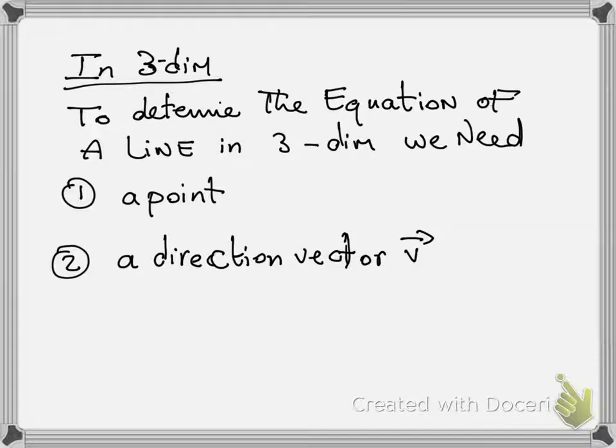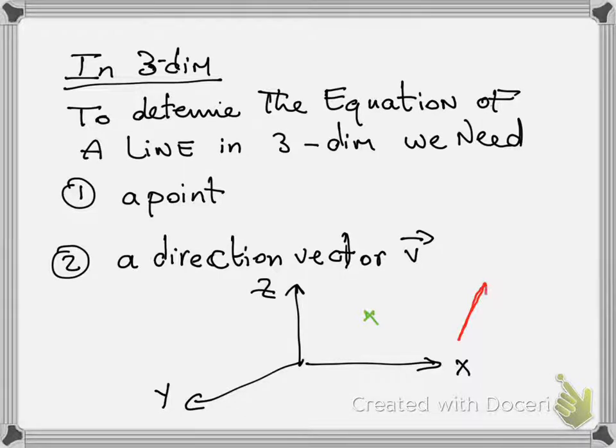So we are in three-dimensional space, so here's x, this is the height z, here's y. If you have a point, let's say here's the point, and you know that the line passing through this point has direction vector, let's say here's a vector u. Direction vector of the line means that the line is parallel to the vector u.